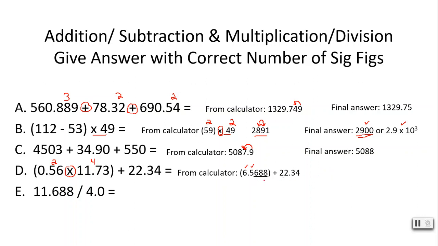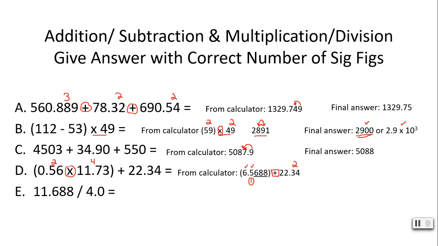Because when I add these 2 numbers now, I need to remember the rule for sig figs for addition, which is I care about the significant figures after the decimal point. 22.34 has a total of 2 sig figs after the decimal. How many does what's in parentheses have? It only has 1 sig fig after the decimal.